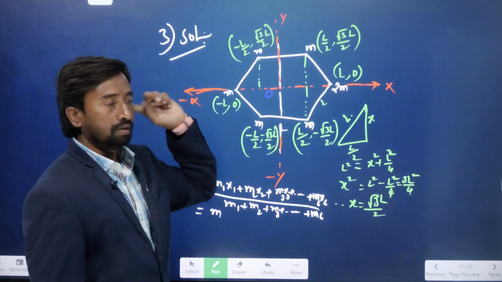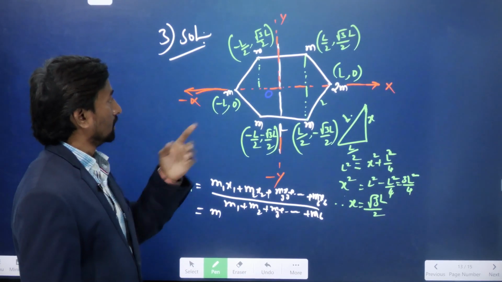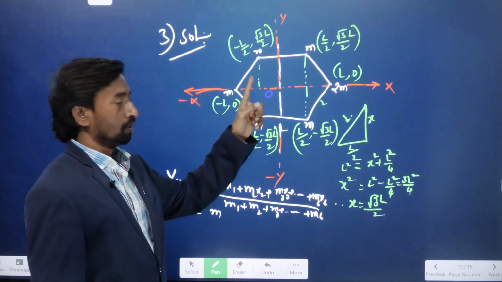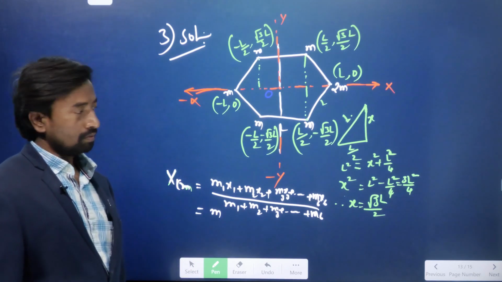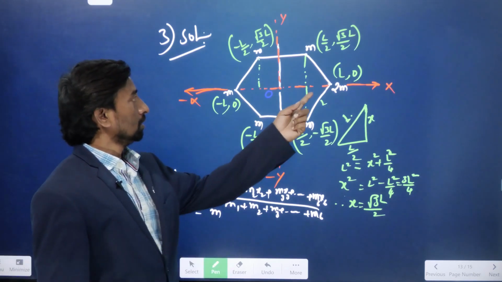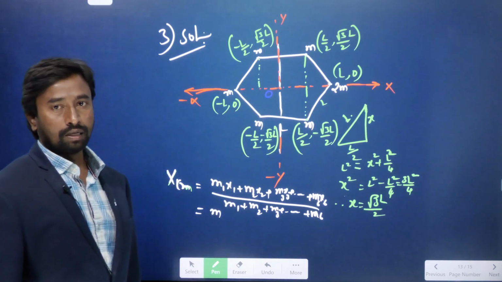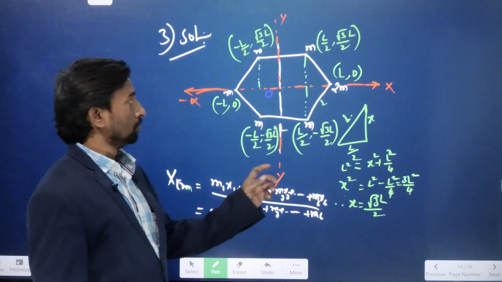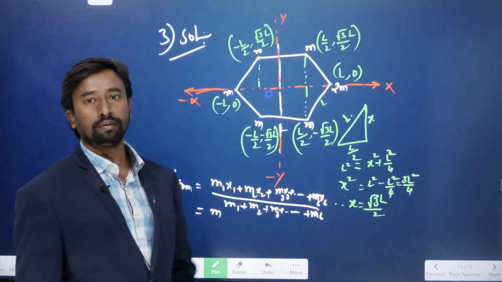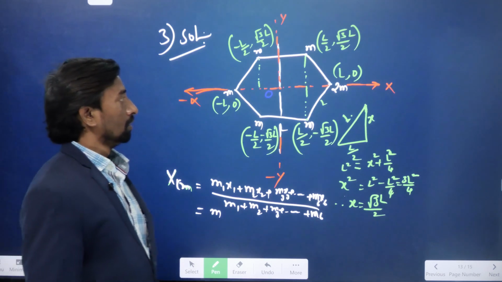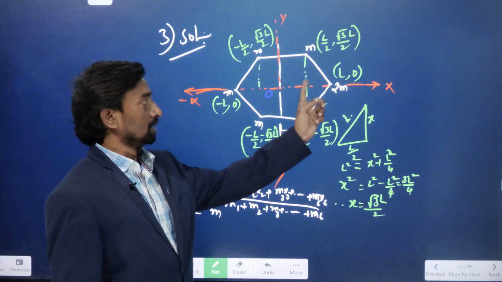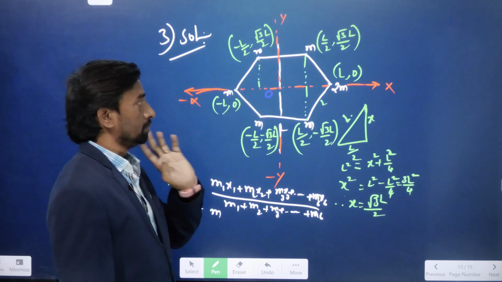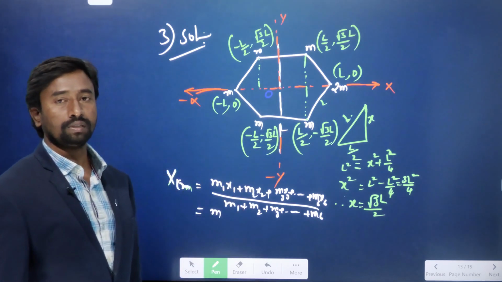If identical masses are placed at the vertices of the regular hexagon, the center of mass coincides with the geometric center. But here the question is, if the mass at any one vertex is doubled, that is 2m, then the position of the center of mass will change.